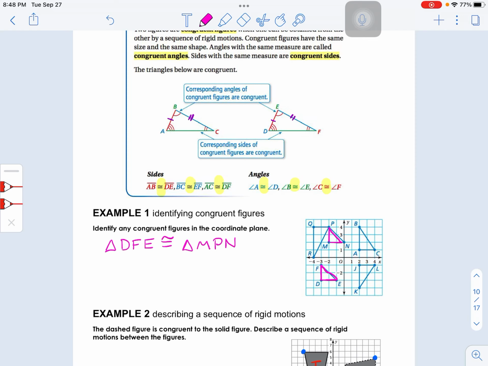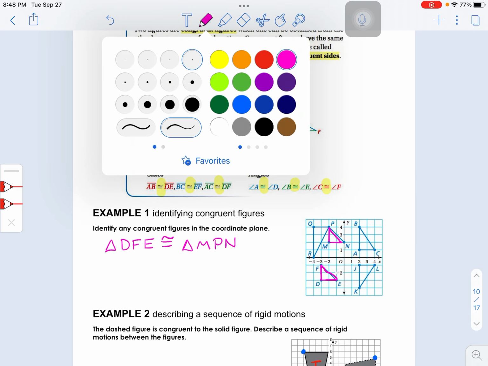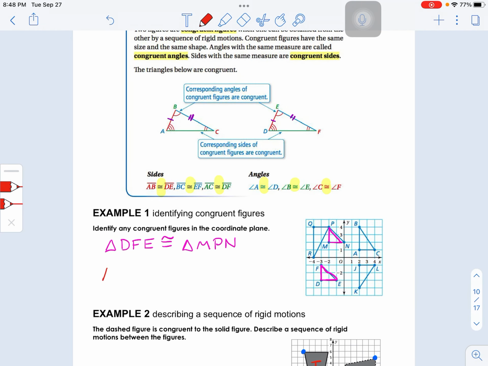The other triangles that would be congruent in this picture is triangle CBA would be congruent to LKJ. Okay, so notice, right, I started at C and I went up on the diagonal.